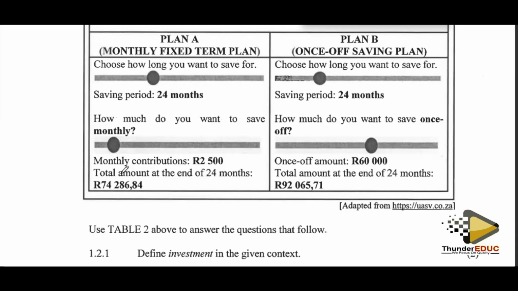And they are promising you at the end of the period of 24 months, you'll receive 74,286 rands 84 cents. Whereas if you use plan B, you have a once-off amount of money, which is 60,000. And they say the total amount at the end of the 24 months is 92,065 rand 71 cents. All right, let's look at the questions.